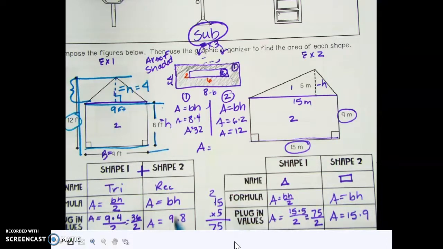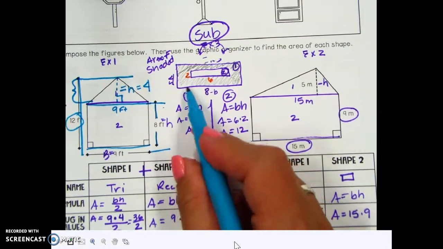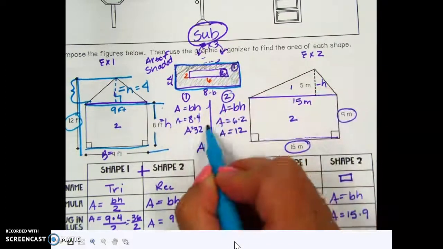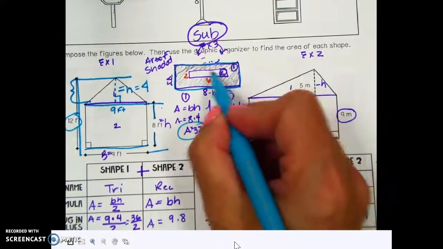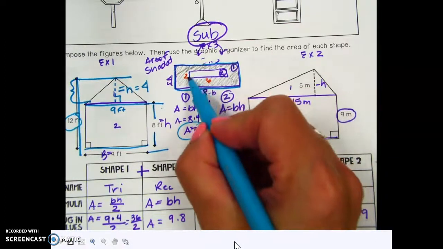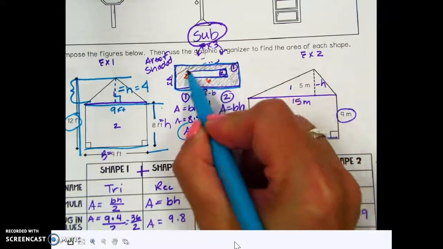Okay, so Laura, this is for figure 1, the shaded, the big rectangle. It's 32. And thank you for answering. I'm so glad somebody answered. For figure 2, it's the smaller rectangle.